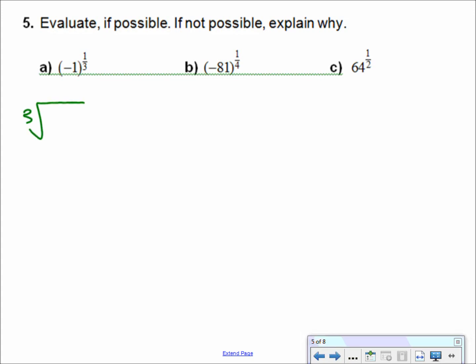Root sign, 3 goes in there, -1 goes underneath, and it's an exponent of 1. Right away, I know cubed root is an odd root, so I'm going to get -1 here, still to the 1, so my answer is -1. Okay, that one's easy, it's just a whole bunch of 1s.